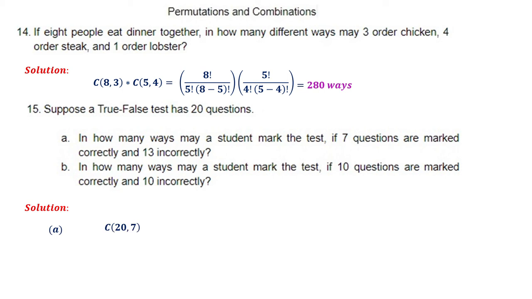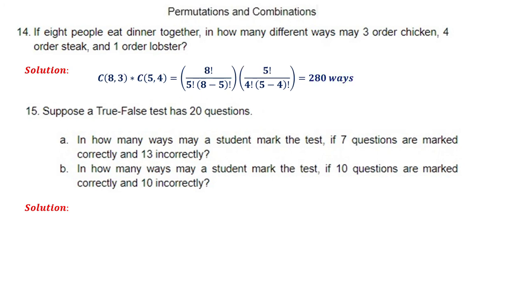So, for A, yan, 20 and 7, kasi 20 questions natin, 7 ang ating kuhan. So, check it out. We have 20 factorial over 7 factorial times (20 minus 7) factorial. So, we have 77,520 ways. Di ba?